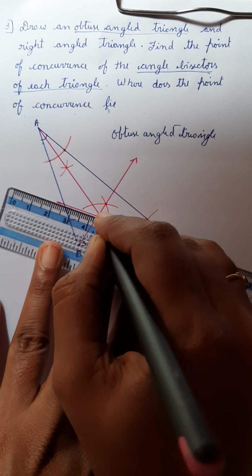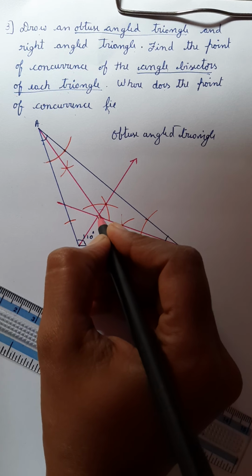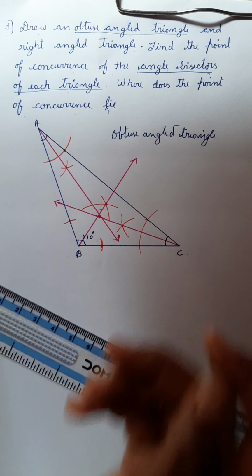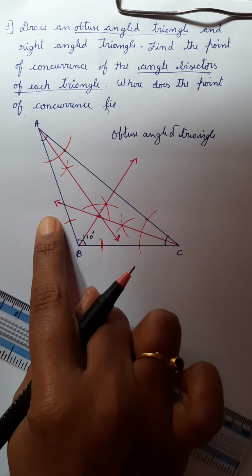So actually all three should meet. This is the angle bisector of C.